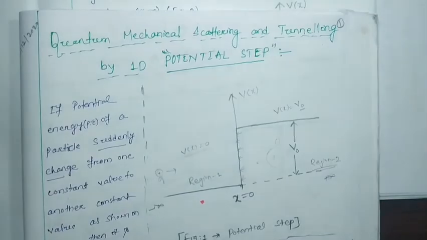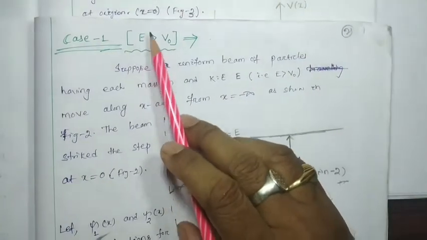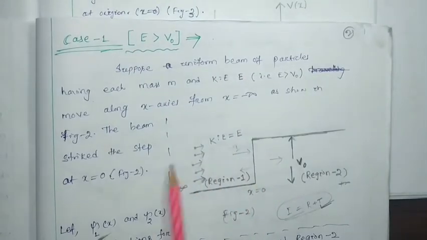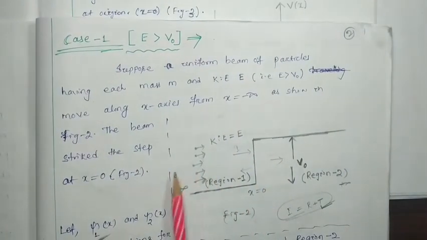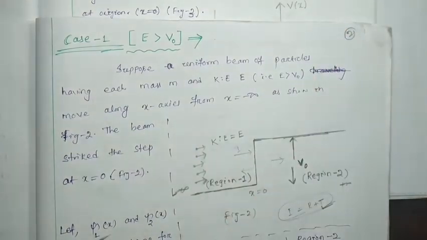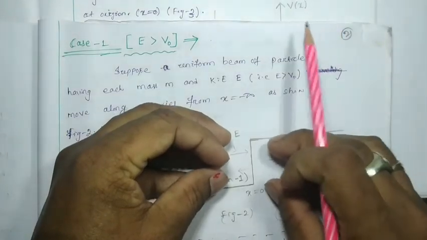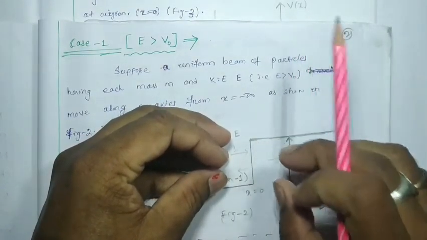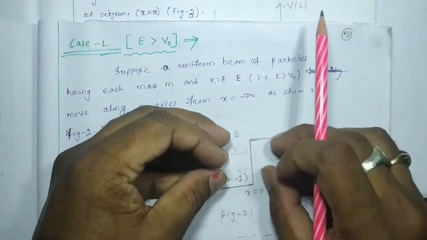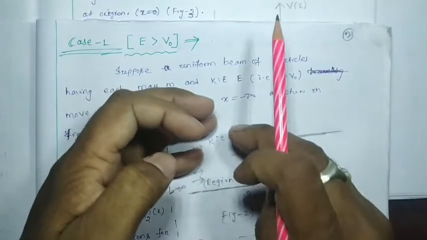And in our last two classes we completed the first case, that is, when the kinetic energy of the incident flux of particles is greater than that of the potential, the repulsive force or step.